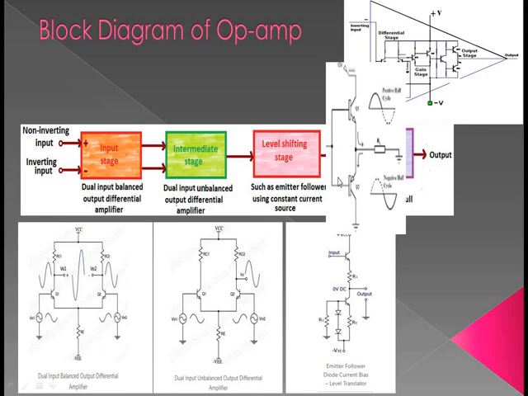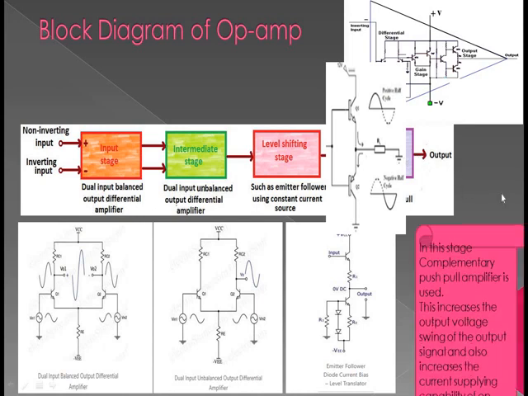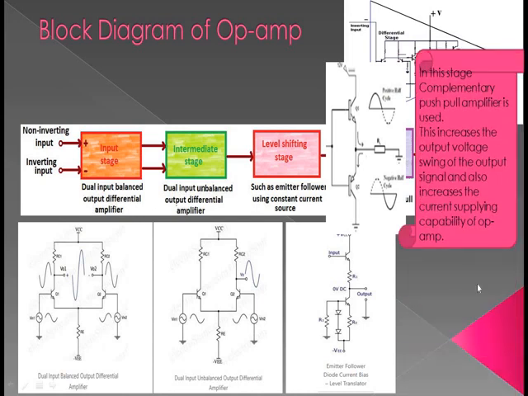When the input voltage is negative, then the lower transistor will turn on and provide the current to the next circuit. So complementary push-pull amplifier increases the output voltage and also increases the current capability of op-amp. Means it provides continuous current to the next circuit.